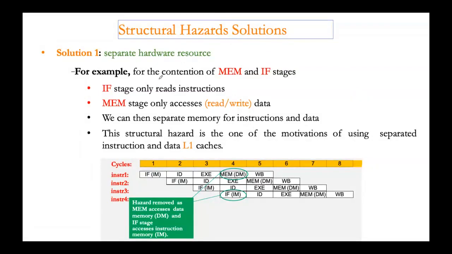For the contention between the memory stage and the instruction fetching stage, if the instruction fetching stage only reads instructions and the memory stage only reads or writes data, then we can separate the memory for instructions and your data.